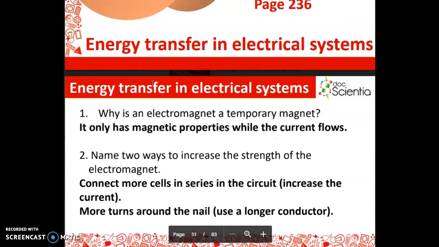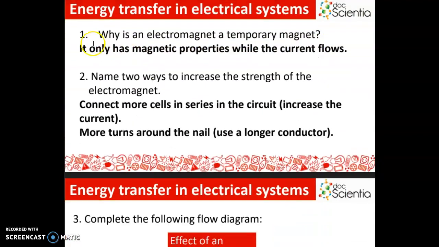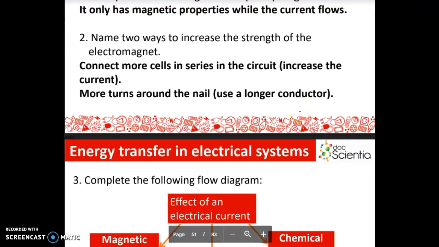Very interesting. Okay, here we have exercise 18. Number 1. Why is an electromagnet a temporary magnet? It only has magnetic properties while the current flows. So it's temporary. When you put a current off, no more magnet.